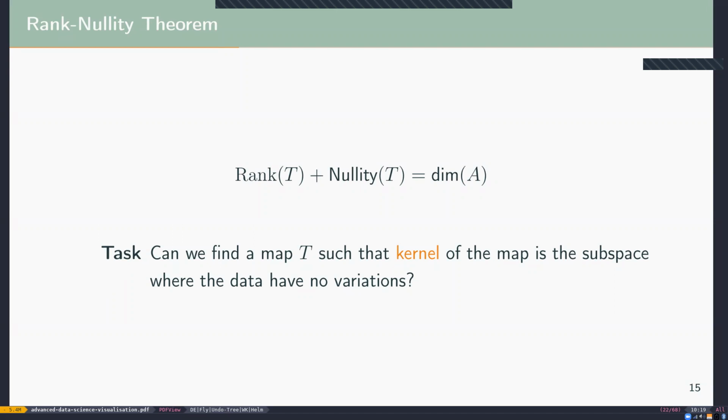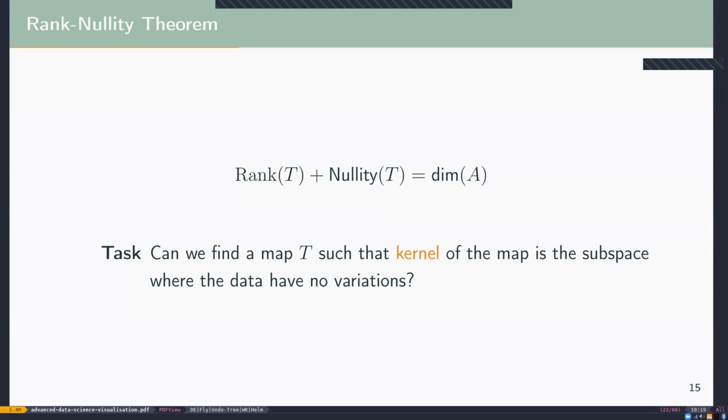So now, what we're going to try to do is, can we find a map such that the kernel or the null space is actually the part where the data have no variations? Then I can apply this map to the data, and I've effectively uncovered only the subspace where the data has variations. That's the type of thing we want to do. Does that make sense? Yeah. So I have some data.